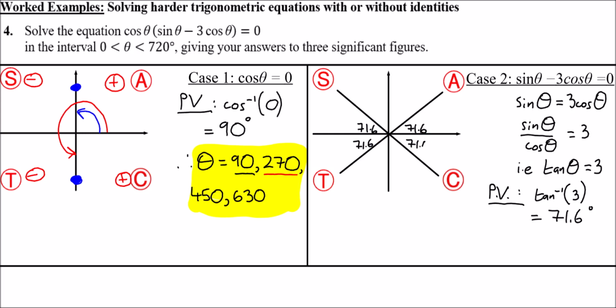And this will help us to solve for the other valid values of theta. So 71.6, that's allowed. So I'll add this in.